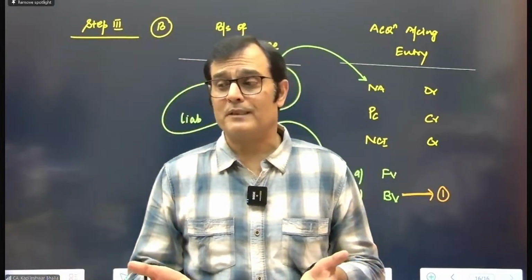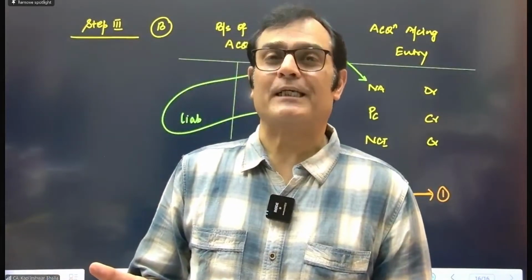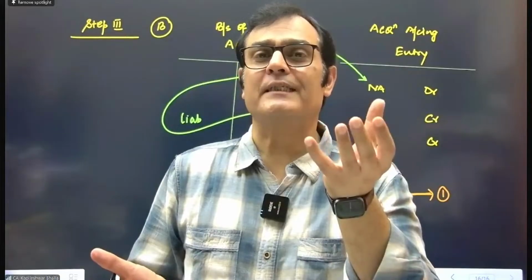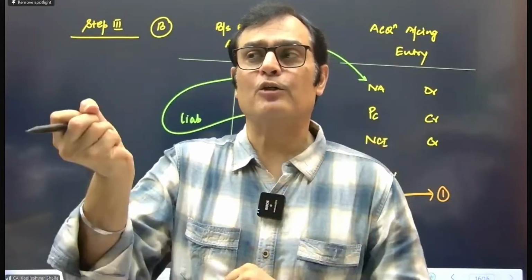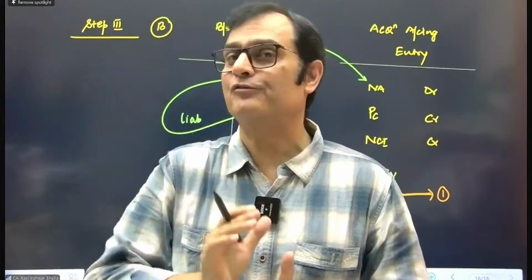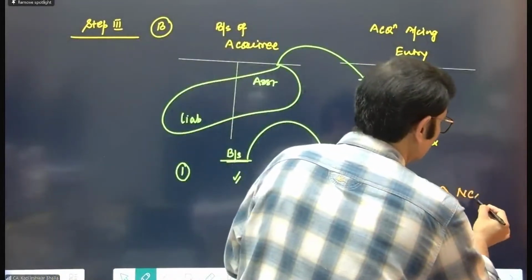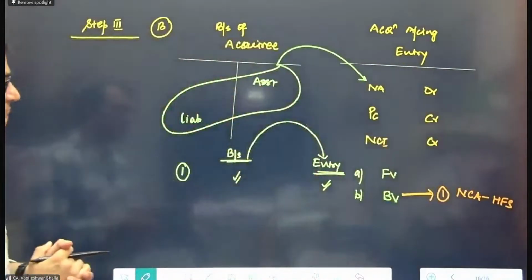No, I think that's a very simple example. We're not talking of that. We're talking of NCA held for sale. Because in the books of the acquiree, it would be captured as per Ind AS 105 at fair value less cost to sell. So I cannot afford to take it in the entry at a fair value. So this is going to be taken directly at a book value, non-current assets held for sale. That is one kind of exception.